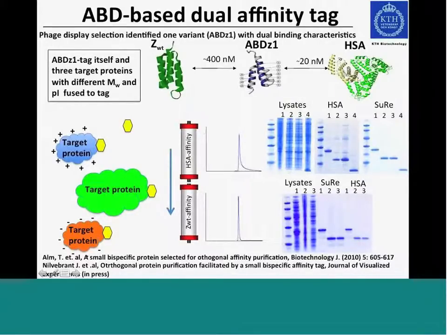And here are just some chromatograms and gel scales to show how you load the bacterial lysate where you overexpress one of the proteins, either the small domain itself, or one of the medium-sized proteins or the larger protein.